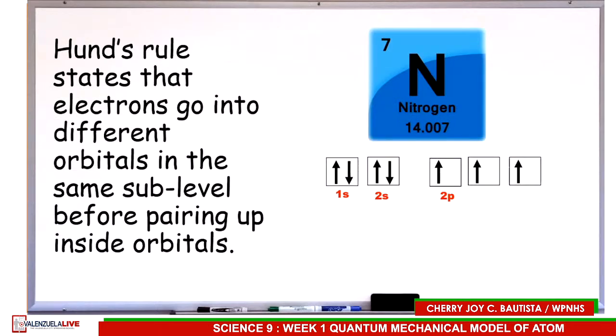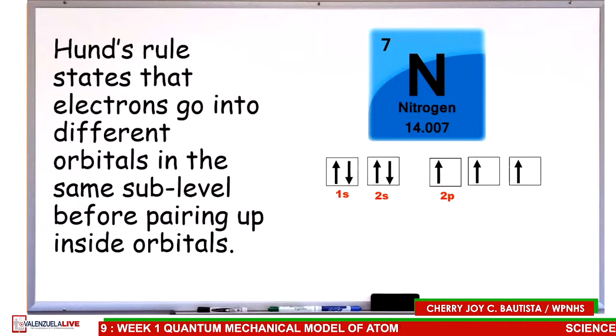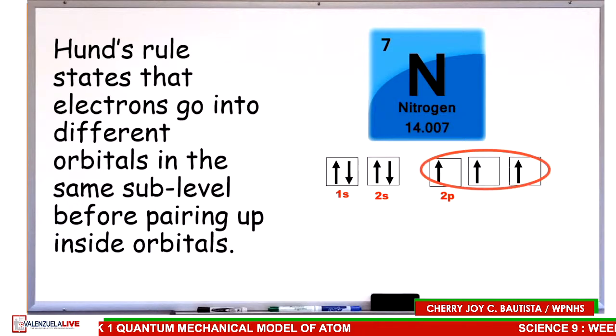Hund's rule states that electrons go into different orbitals in the same sublevel before pairing up inside orbitals. For example, consider the orbital diagram of nitrogen. Notice that in 2p, electrons spread out, going into available orbitals with the same spin.